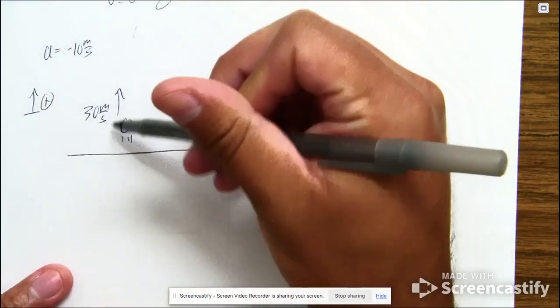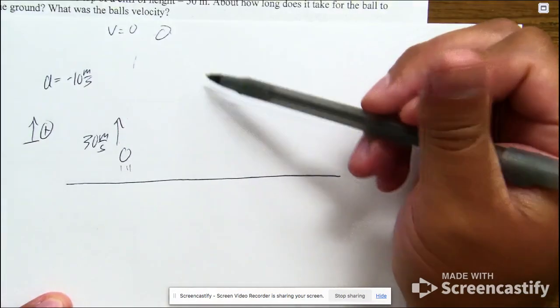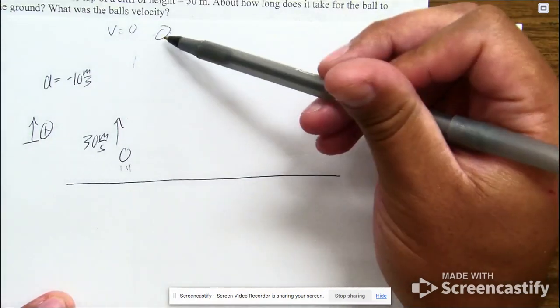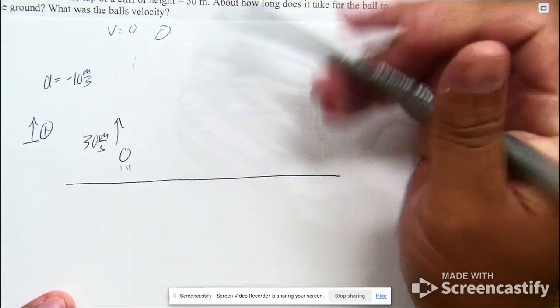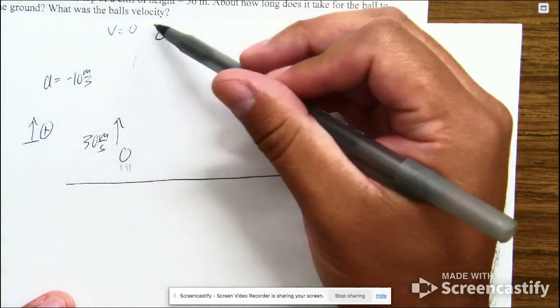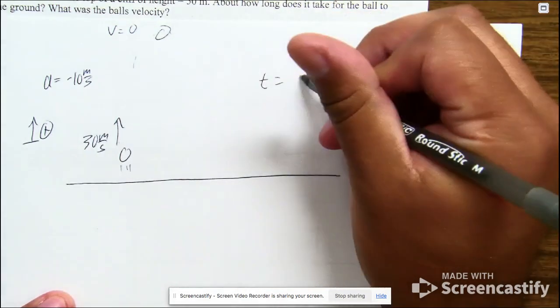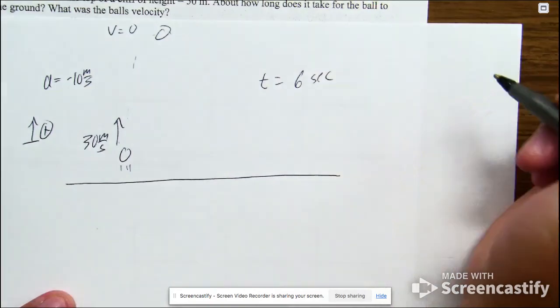So eventually, after 3 seconds, it'll stop and then it'll start accelerating downwards, right? And so the whole time for this thing to go up and down would be about 6 seconds.